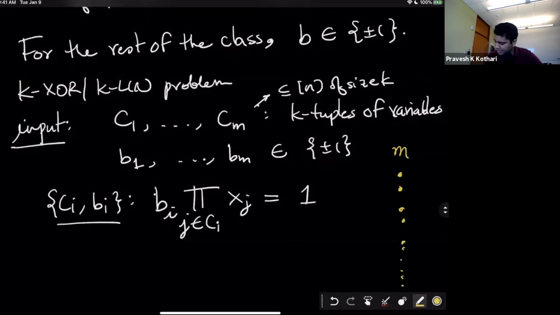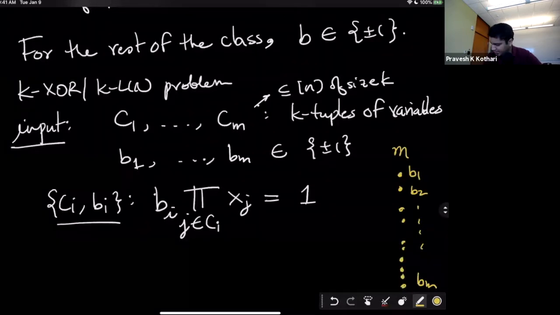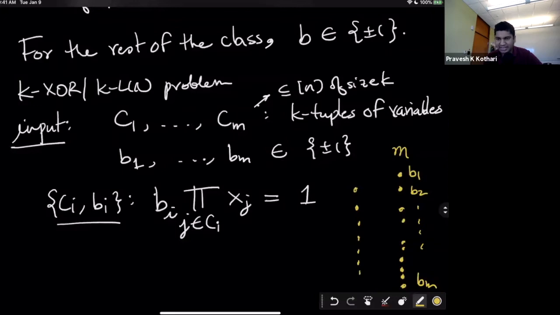I'm going to label each constraint by B1, B2, up to Bm, the right hand side of the constraint. And on the left hand side, I'll have the variables. I'm drawing the left hand side smaller than the right hand side because that's the setting that we will work with today. The number of constraints will always be larger than n. We'll see why very soon. So this side is size n. It stands for the variables.